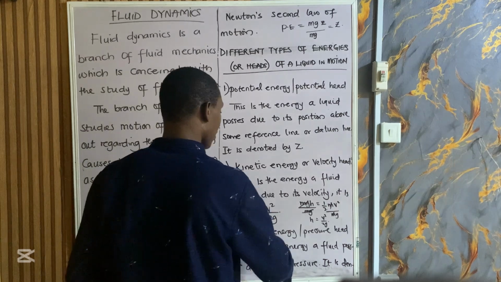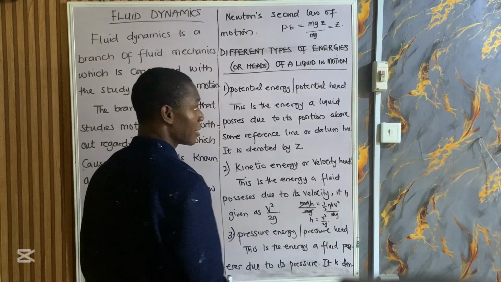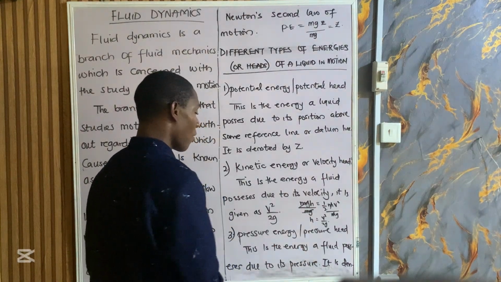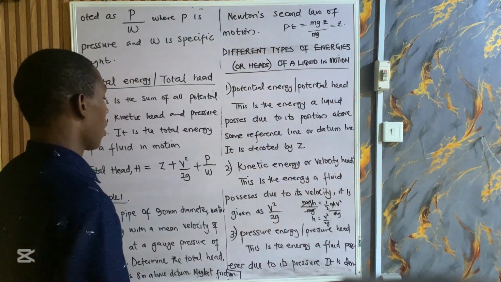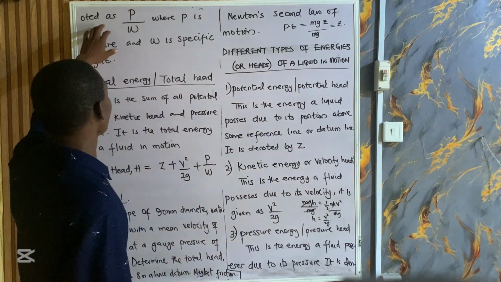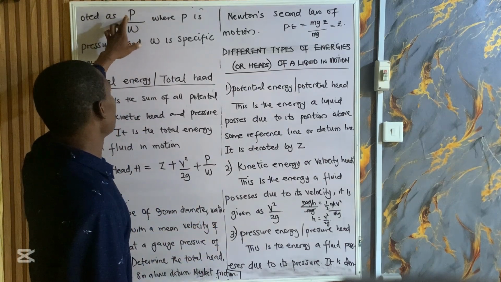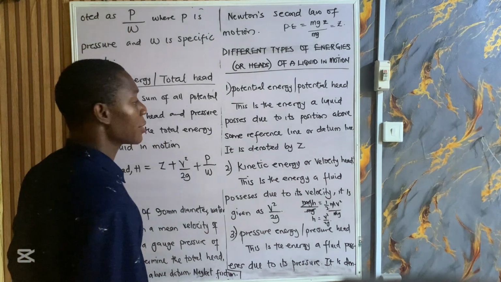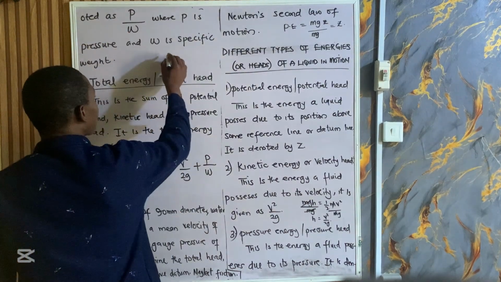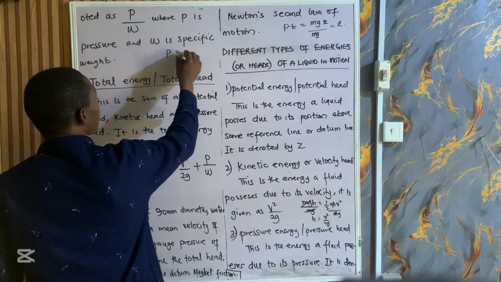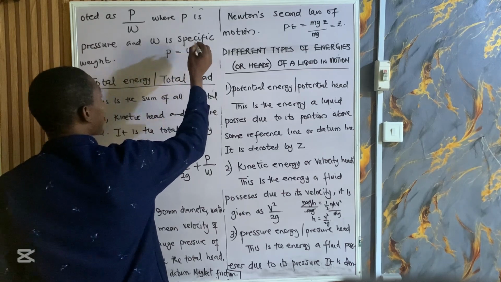Again, pressure energy or pressure head. Again, expressing pressure in terms of height. So the pressure energy is denoted with P, pressure over specific weight. And that's simply because pressure is specific weight times height.